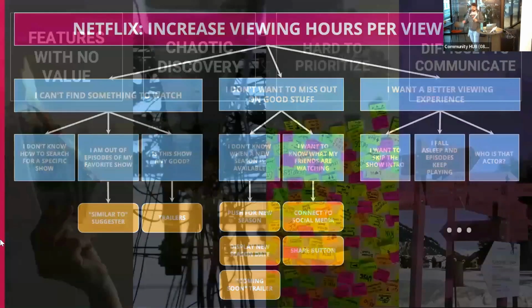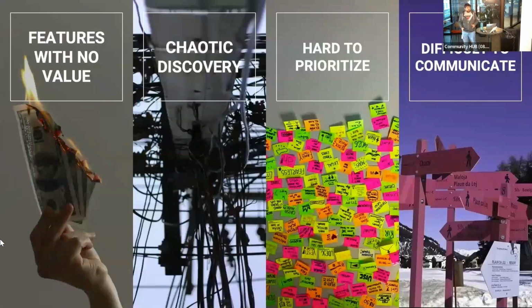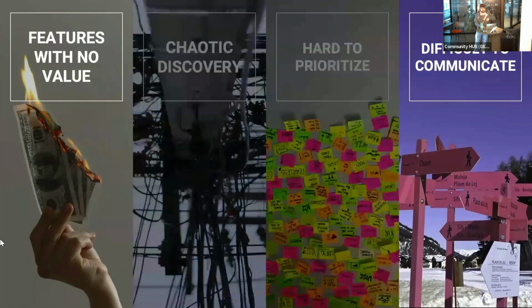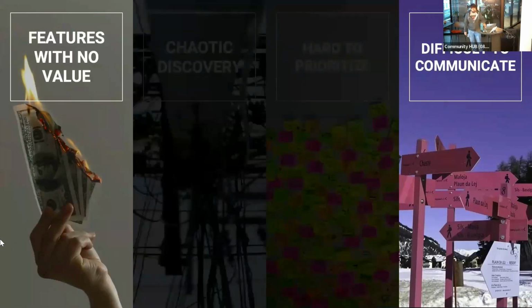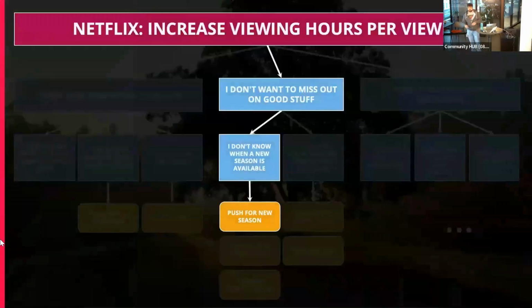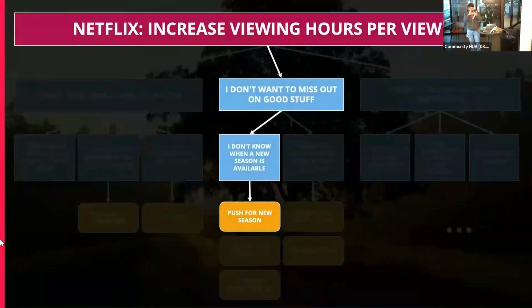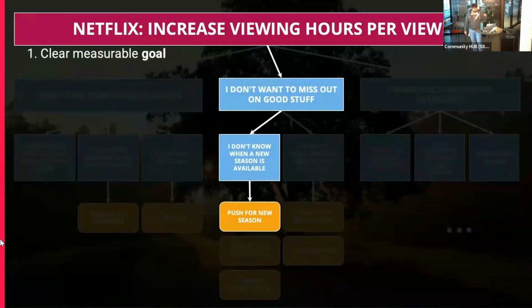All right, but how does that little scheme, tree, whatever you want to call it, actually help with these problems that are very real for product development? I'm going to start with the first two: features with no value and difficult to communicate. Imagine that same tree, and let's focus on a single branch. First you have increased view hours per viewer.